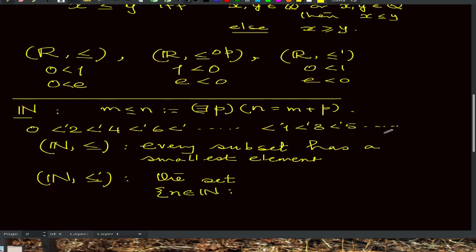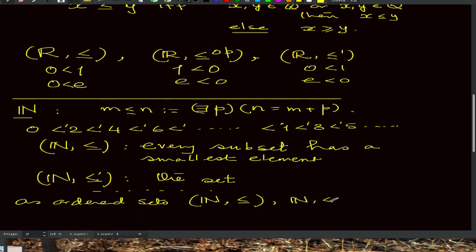As ordered sets, they are not the same. I'll give you a property as ordered sets. They are different. That means there is no isomorphism.